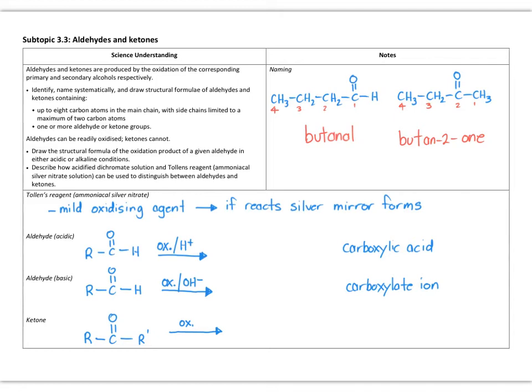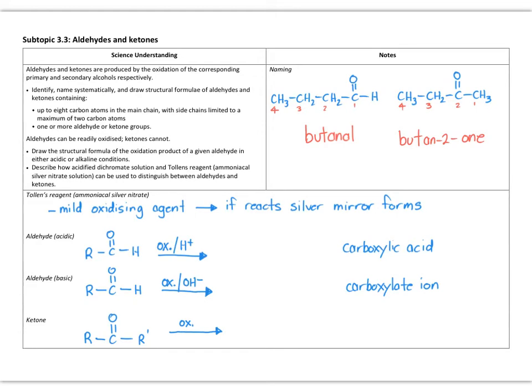So you don't need to know about that. It's really only knowing here about distinguishing between an aldehyde and a ketone, which I'll go through in a sec, but it's also a way that you can distinguish between an alcohol and an aldehyde, because Tollens reagent isn't strong enough to oxidize an alcohol. Now, we'll come back to that later when we look at carbohydrates, in fact.